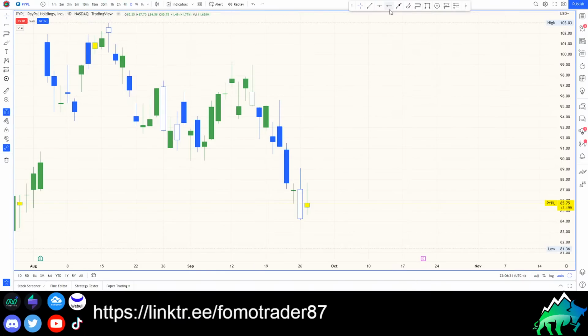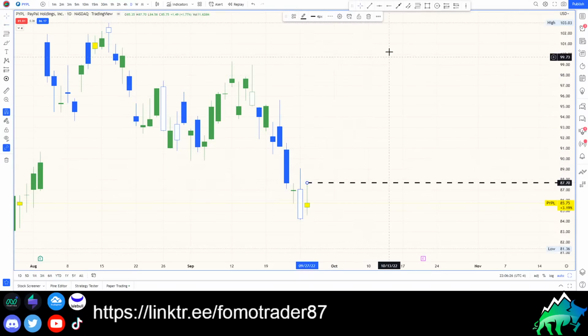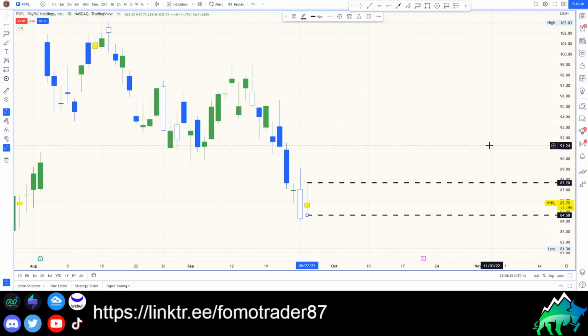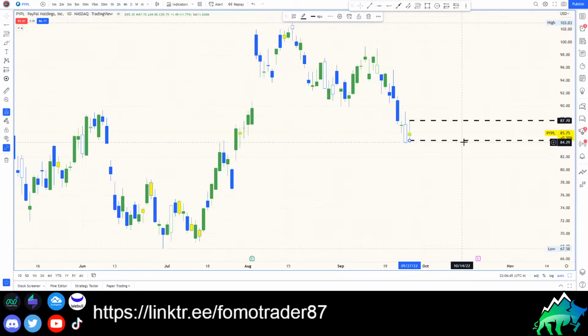So in order to set up our levels, we would mark the high and the low of the inside day, and our upside trigger for calls would be a break above the high of the inside day candle of 87.70, and the trigger for the downside would be a break below 84.58. So that looks like it has some pretty good range there.